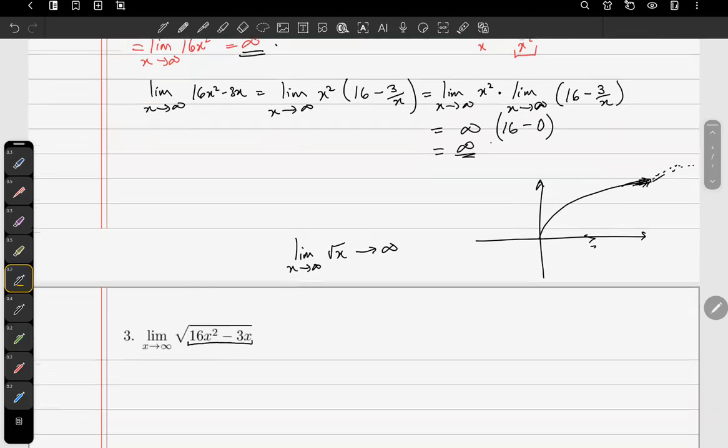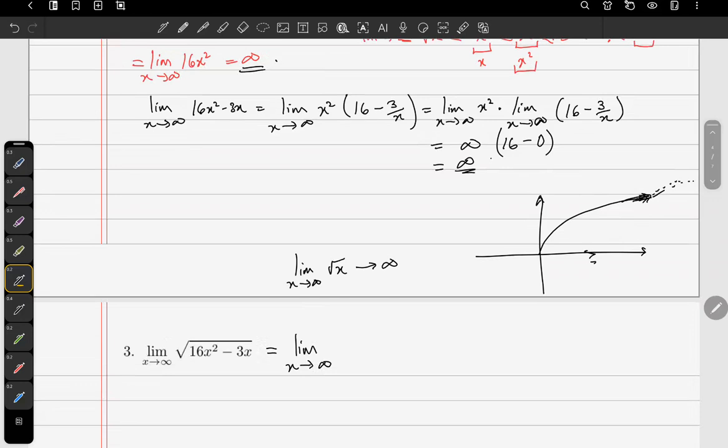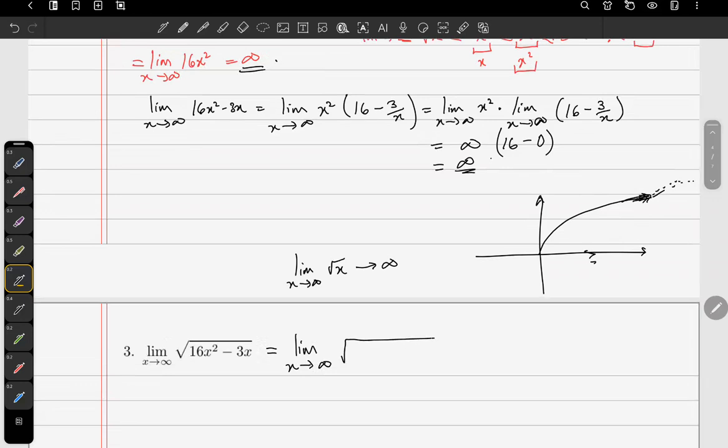So in this case, I could simply just say, all right, this is the limit as x goes to infinity, and using the same trick as before, underneath the square root, I factor out x squared, and I will have 16 minus 3 over x.